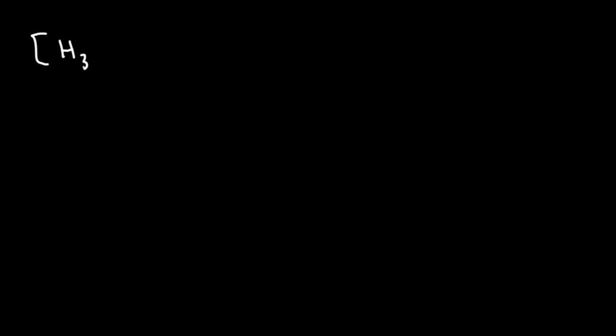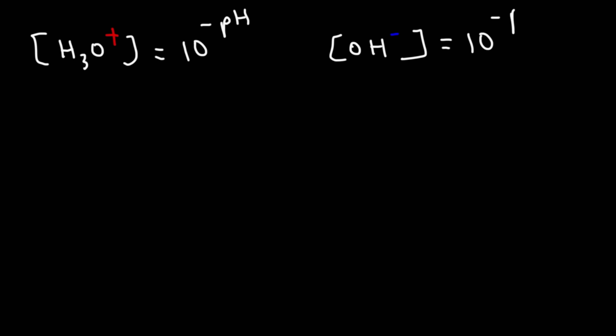Now, sometimes you may need to calculate the H3O+ concentration from pH, and this formula will help you to do that. It's equal to 10 raised to the negative pH. Now, if you need to calculate the hydroxide ion concentration, it's 10 raised to the negative pOH.